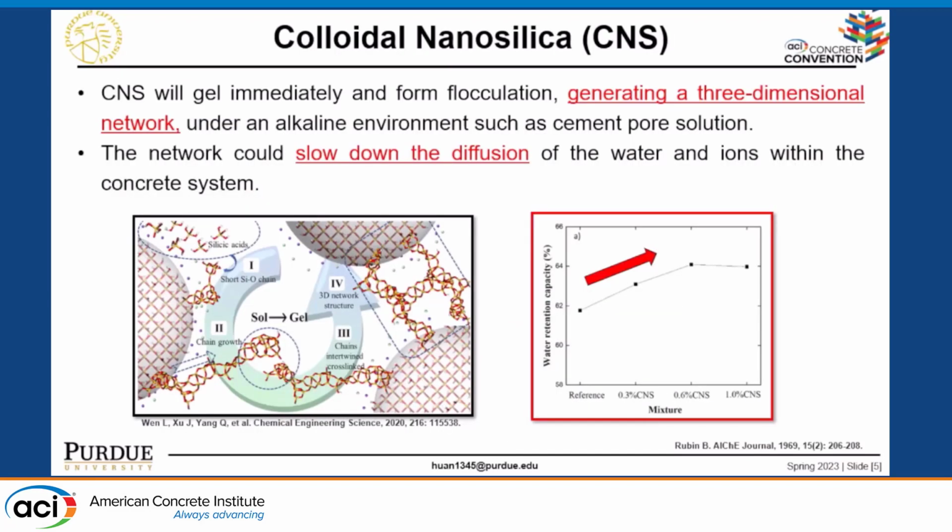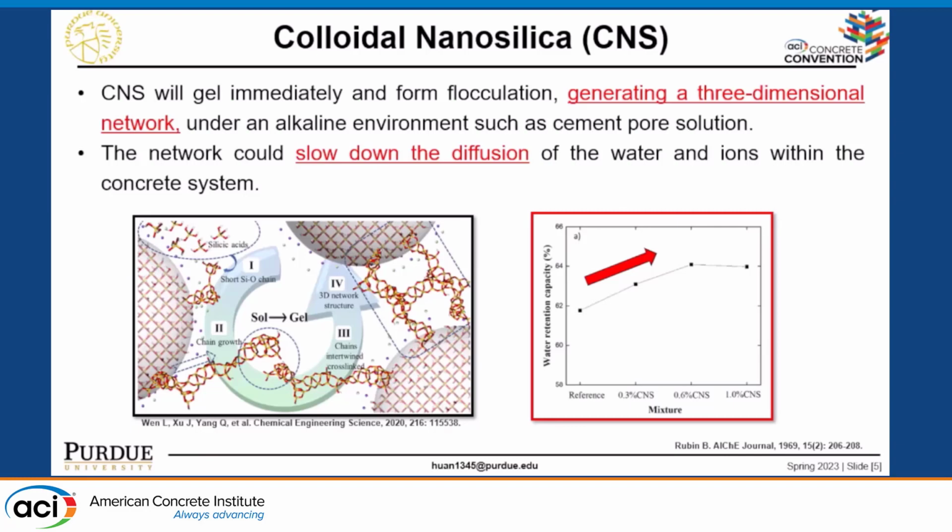So we choose the colloidal nanosilica. This material can gel immediately when in contact with an alkaline environment, for example, the cement pore solution, and it will form a 3D physical network inside the entire system.